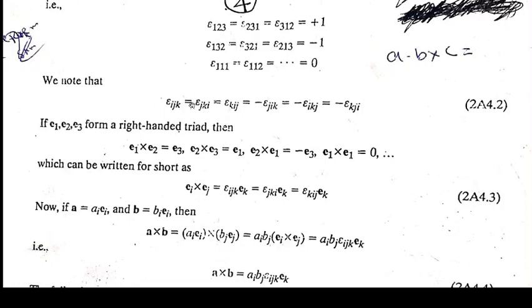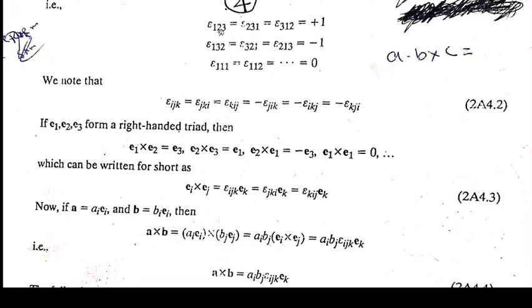Well, this is the general form: epsilon ijk, again jki, equals kij. These 3 are equal with plus. And now if you change this, the minus comes when you change to jik.